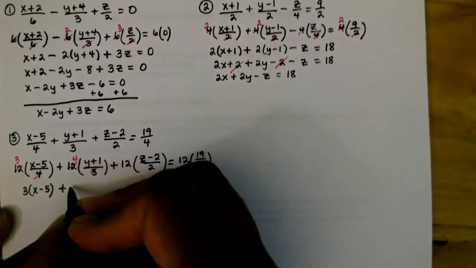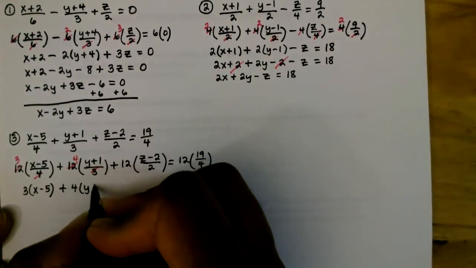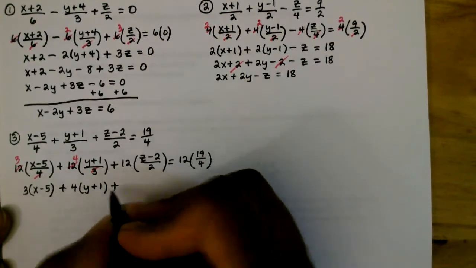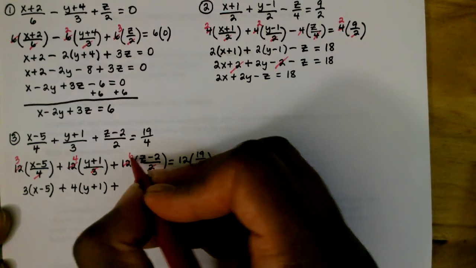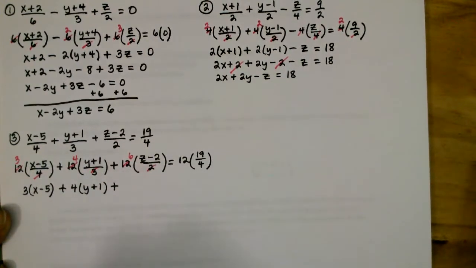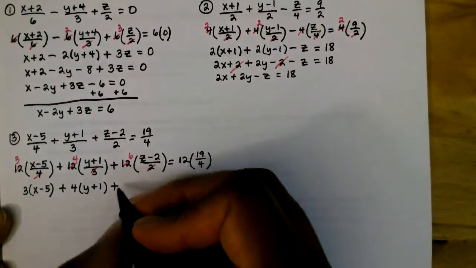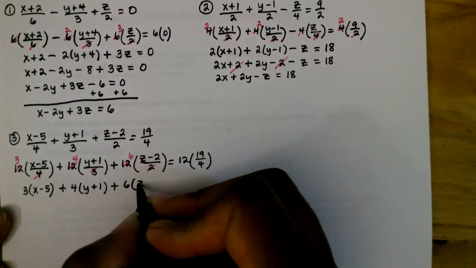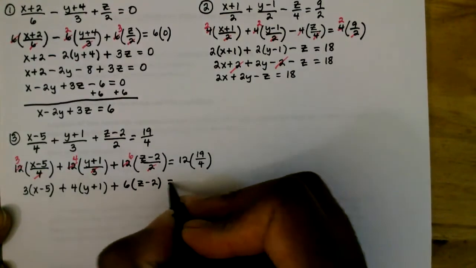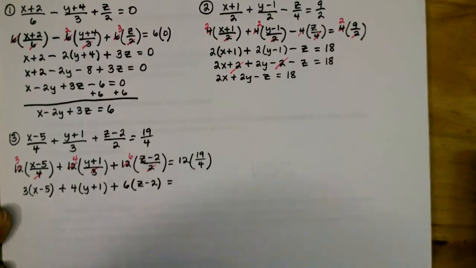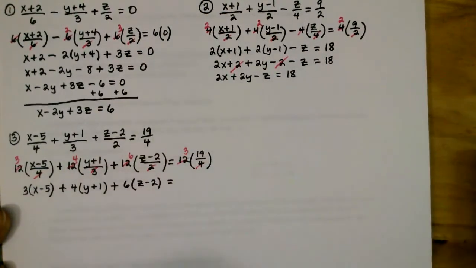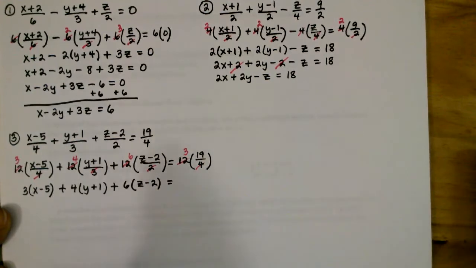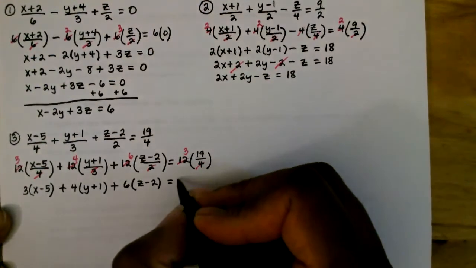So it'll be 4 times the quantity y plus 1, plus, divide that 2 into 12, that goes 6 times. That would be 6 times the quantity z minus 2. That's equal to, let's divide 4 into 12. That's going to go 3 times. 3 times the 19 will give me 57.